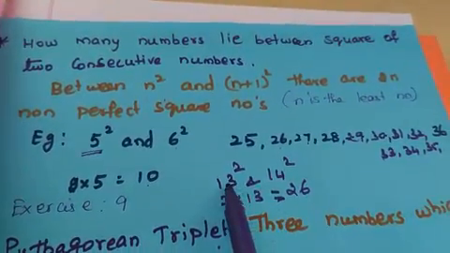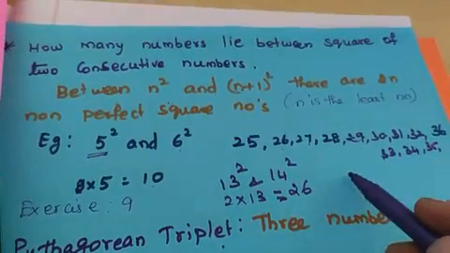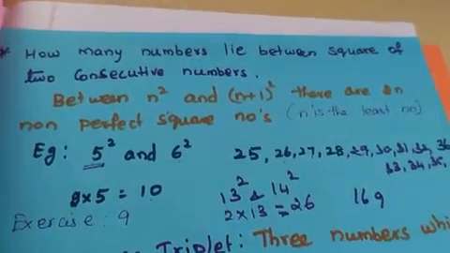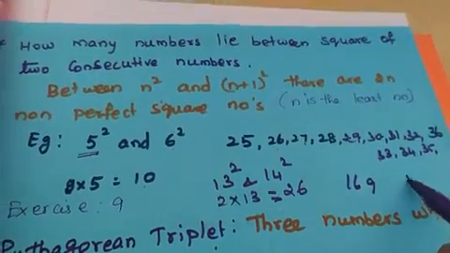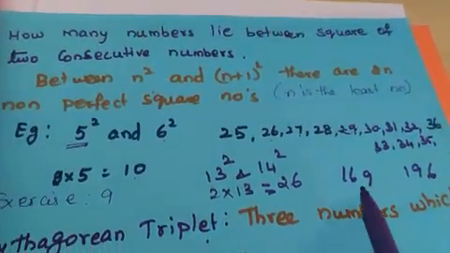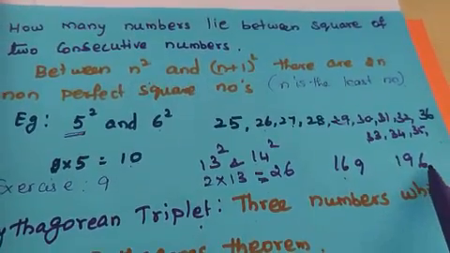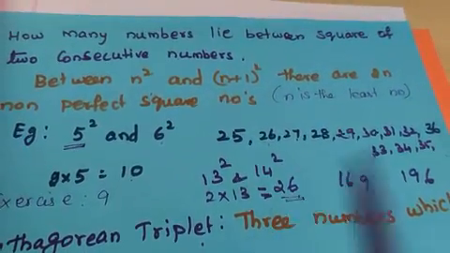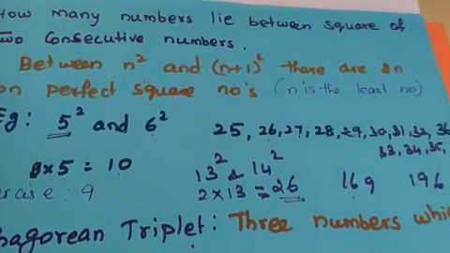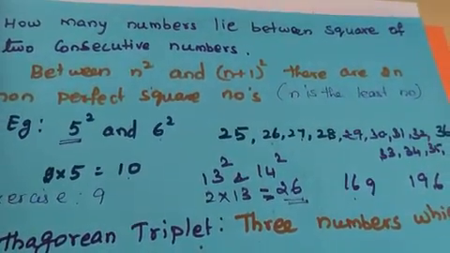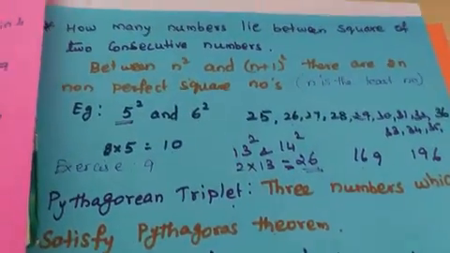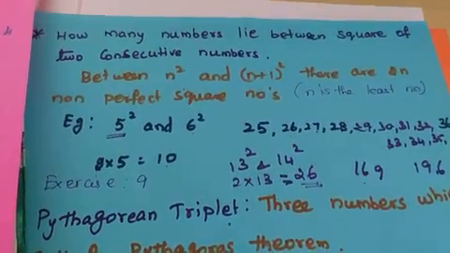So 13 squared is 169, 14 squared is 196. In between 169 and 196, we have 26 non-perfect square numbers. Right? I hope this point is also clear to you.